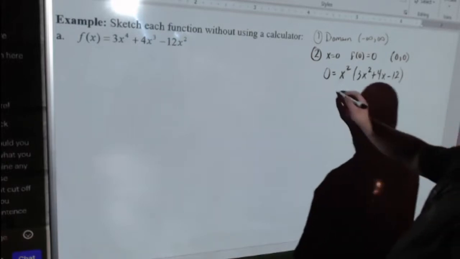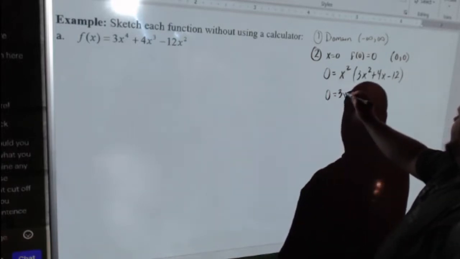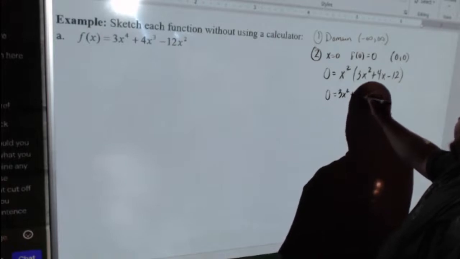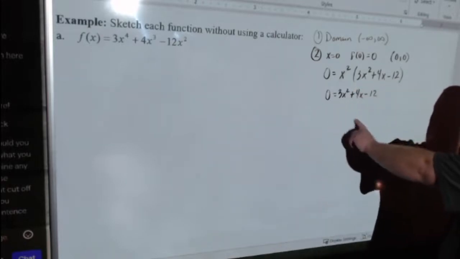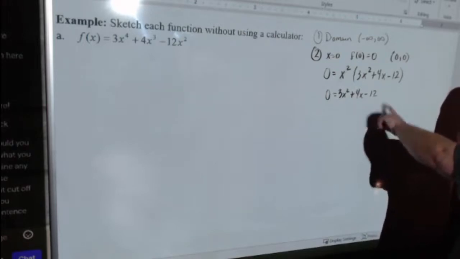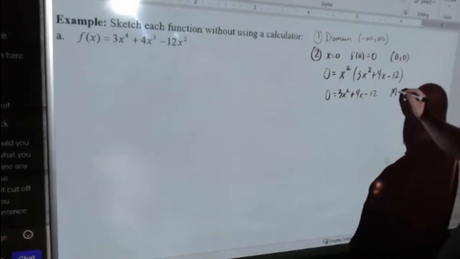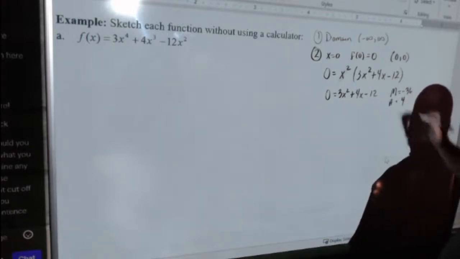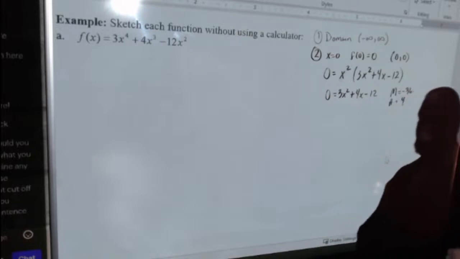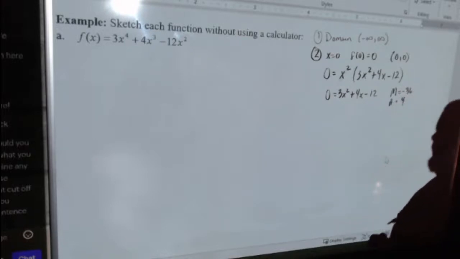So we've got to solve 0 equals 3x squared plus 4x minus 12. Two numbers that multiply to negative 36 and add to 4. Can you guys think of any numbers that'll do that for us?